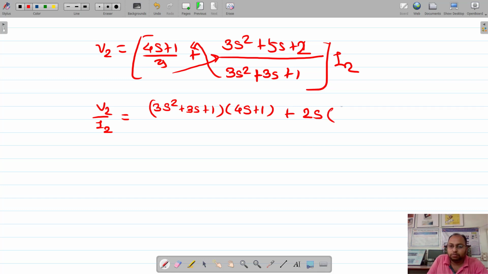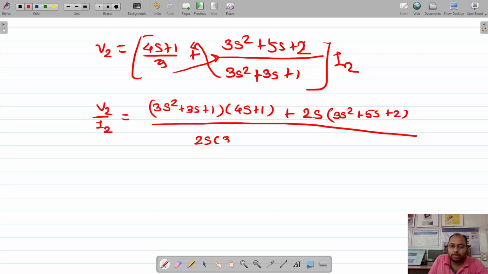So 2s into 3s square plus 5s plus 2, divided by the multiplication of these two, so 2s into this bracket 3s square plus 3s plus 1.